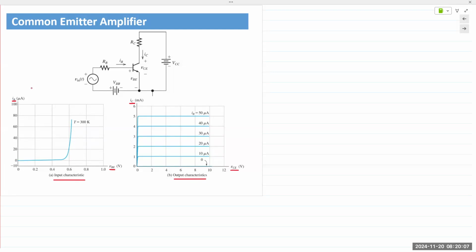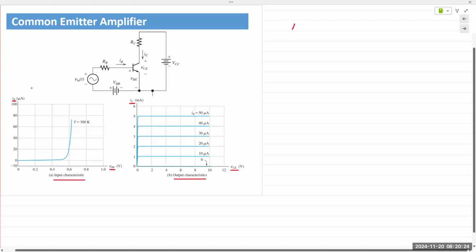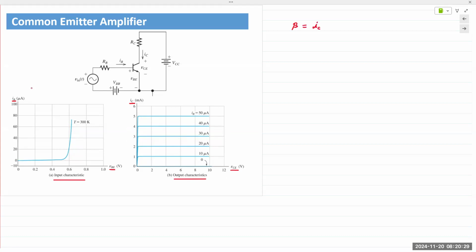So we are given the characteristics of this transistor BJT. If you look at the output characteristics, these are values for the input current IB, and IC values are given here. So we can calculate the forward beta gain as IC over IB.